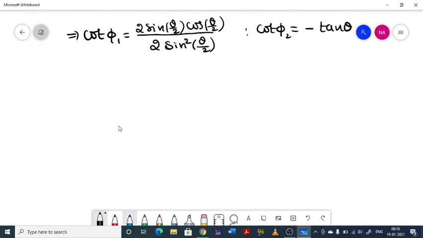Okay, this 2 gets cancelled, one sine term cancels with this, so we'll be getting cot phi 1 equal to cos theta by 2 by sin theta by 2, so that is cot of theta by 2, right?